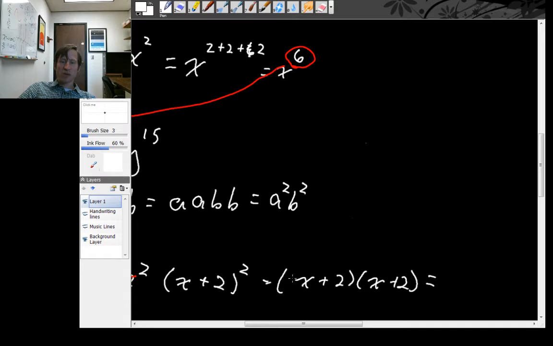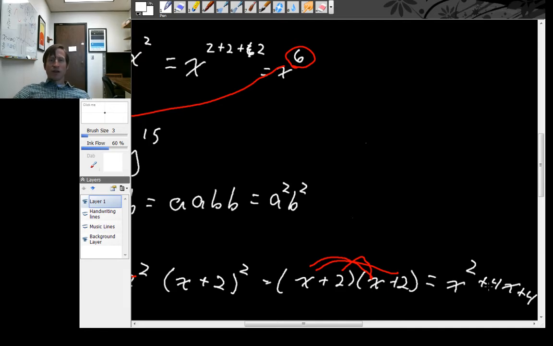And then you can multiply all of this out. You can use the FOIL trick, or there are a million ways to describe the trick here, but x times x is x squared. So that's this one times this one. And then x times 2 and 2 times x, that's 4x altogether. And then 2 times 2 is 4. Okay.